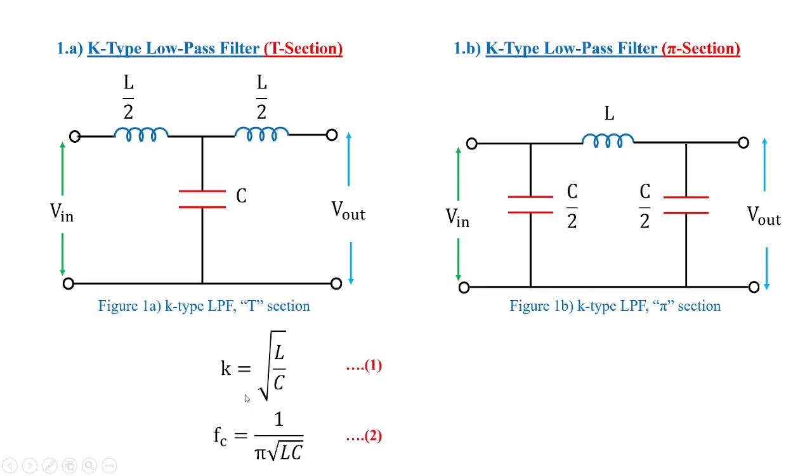The basic formulas: the characteristic impedance K is given by under root L by C, which is equation 1, and the cutoff frequency is obtained to be 1 by pi under root LC. Then the formulas for L and C can be derived from equations 1 and 2 as 3 and 4. This we learned in our last class.